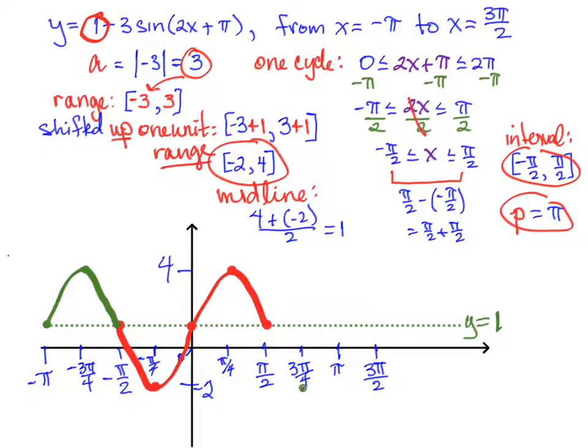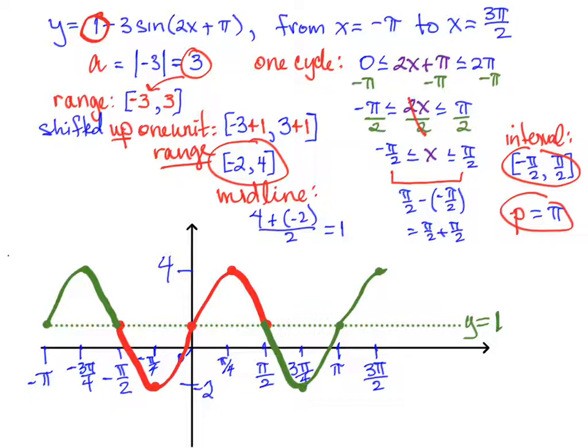So there's a lowest point down there. Then it's going to come back up. It's going to have to go through the midline, and it's going to go through the midline when x is pi. Then it's going to reach its highest point at x equals 3 pi over 2. So now we can connect those dots, and we've extended it on the right.